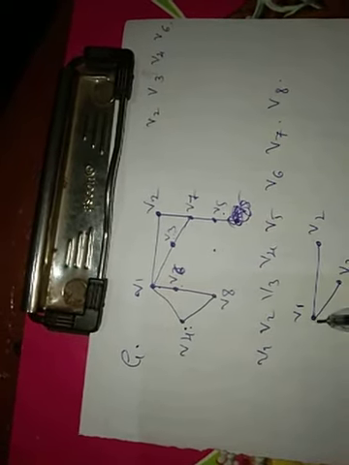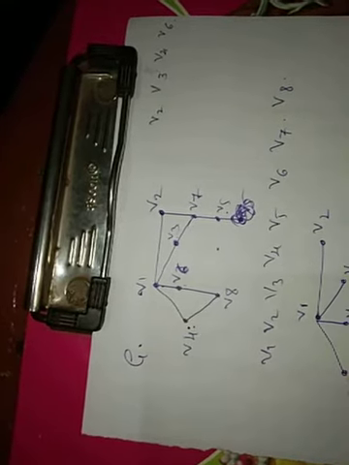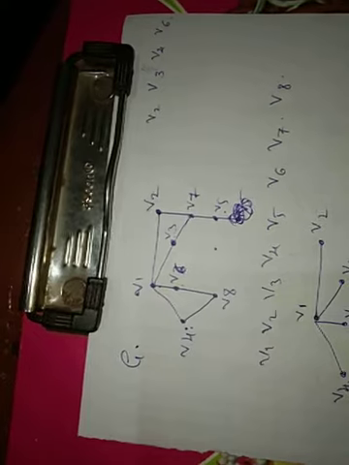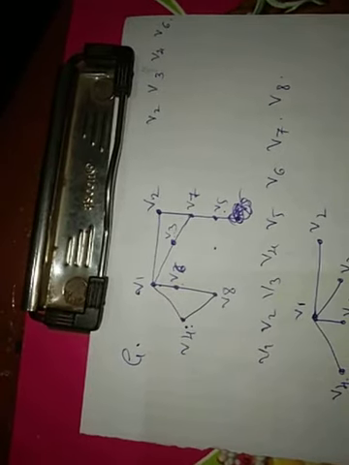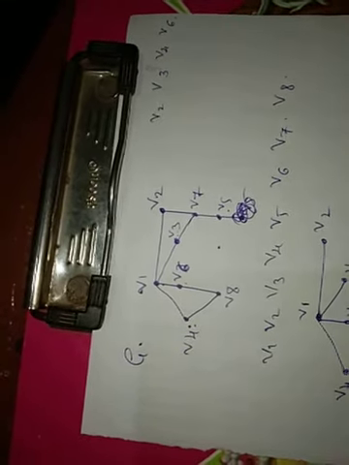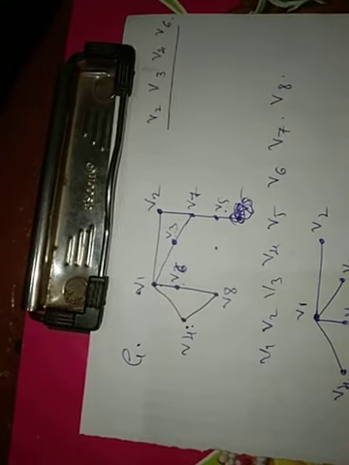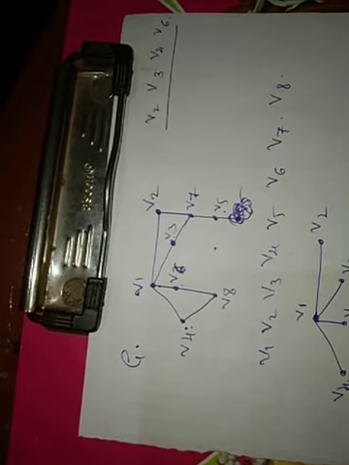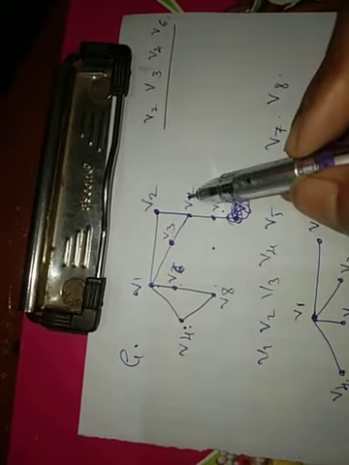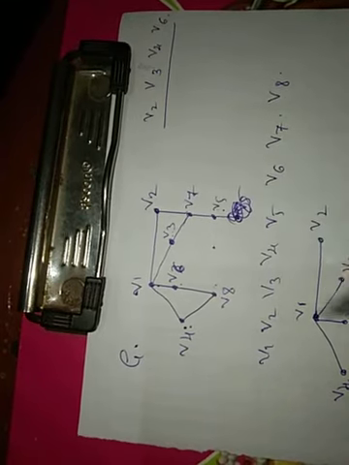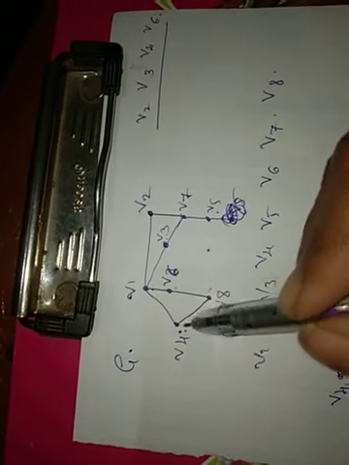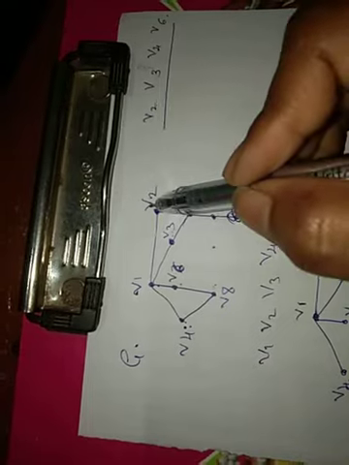V1, V3, V1, V6, V1, V4. Now delete these edges. Remaining vertices are V5, V7, V8. These are adjacent to V4 and adjacent to V2.